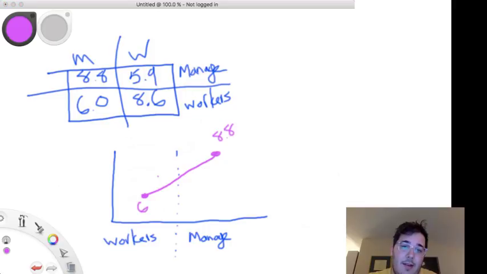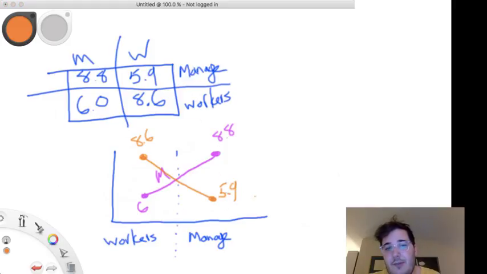This is for men. Whoops, I don't know why there's a line there now. And then female, let's X that out. Female management thinks it's low, and female workers think it's pretty high. Here we have 8.6 and 5.9. So this would be a crossover interaction. That's because the two groups cross each other in the middle here.